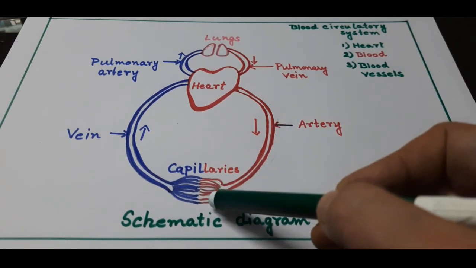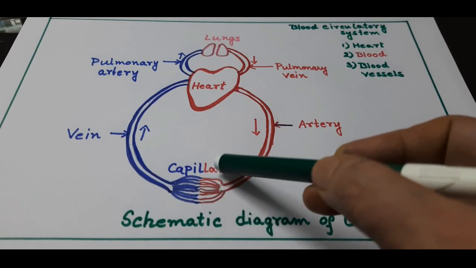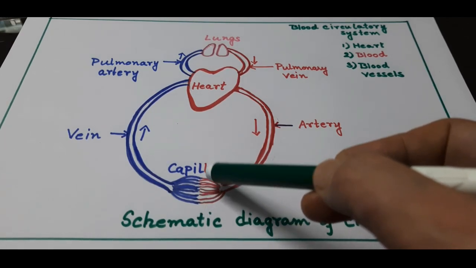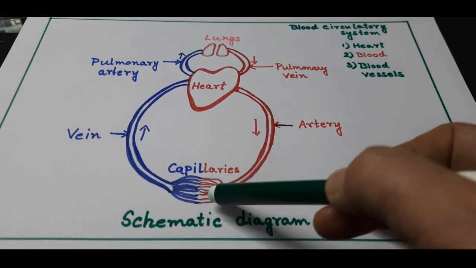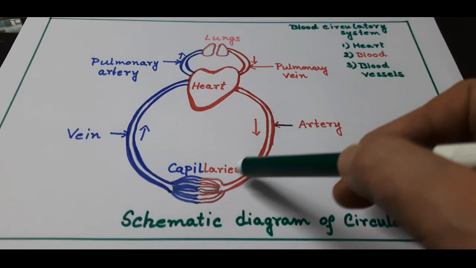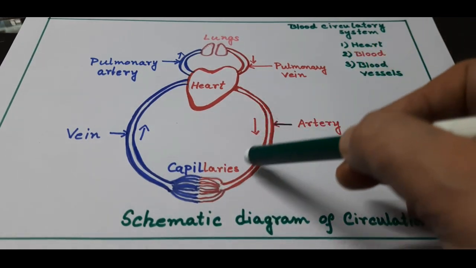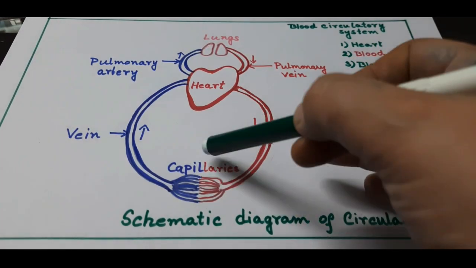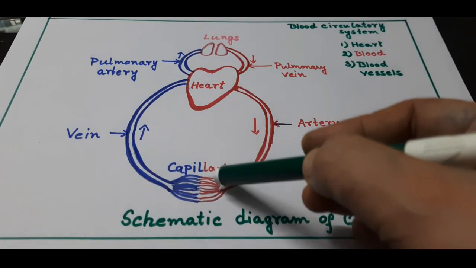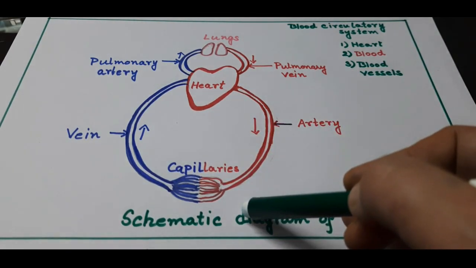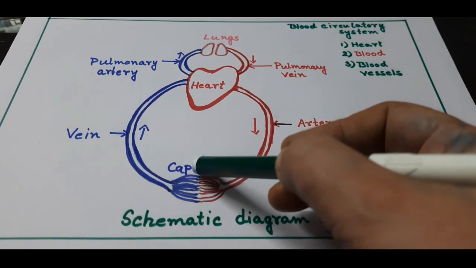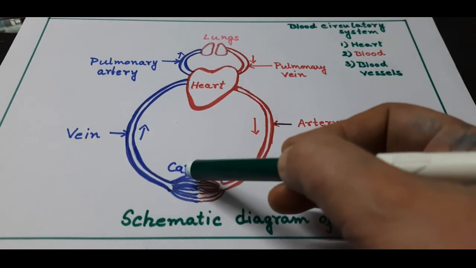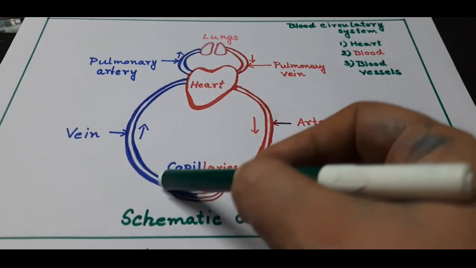Capillaries are also blood vessels which are very thin, and because of this thinness, it is easy for exchange of materials. From the capillaries, cells will take the oxygen, and carbon dioxide which will be produced will be taken by the veins.